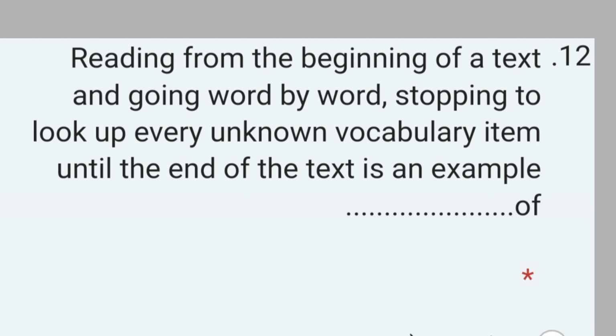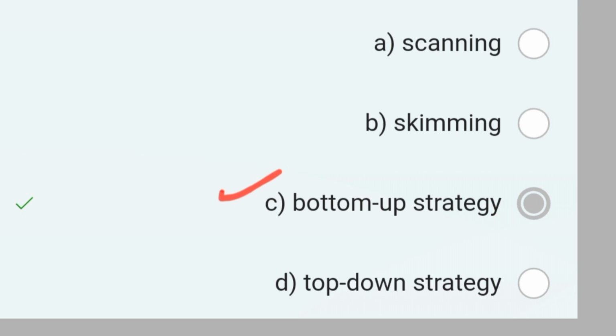12. Reading from the beginning of a text and going word by word, stopping to look up every unknown vocabulary item until the end of the text is an example of A. Scanning. B. Skimming. C. Bottom-up strategy.